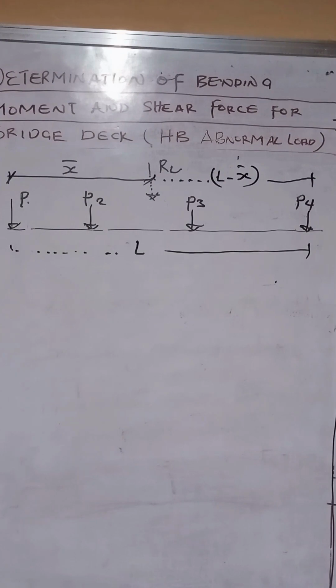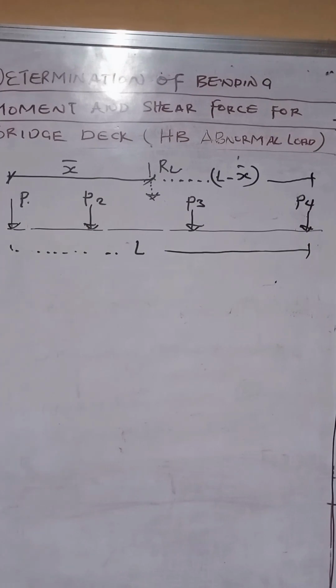So now the maximum moment of this particular series of moving loads on a simply supported beam will be obtained when this load is placed at the center of the beam in such a way that the distance between the resultant load and either of P2 or P3 is placed to coincide with the distance between P2 and P3 over 2.